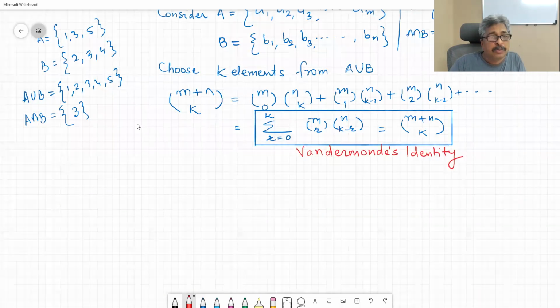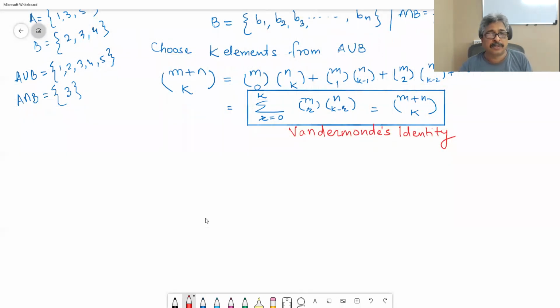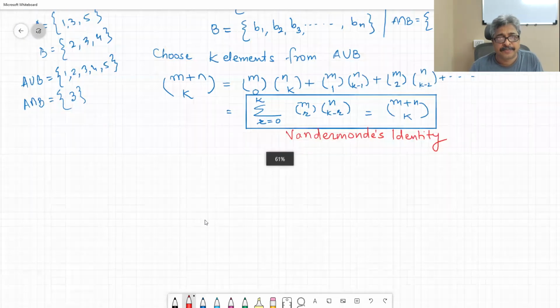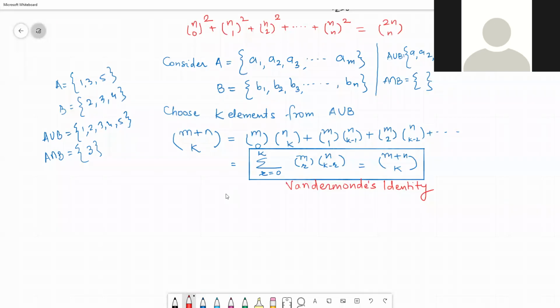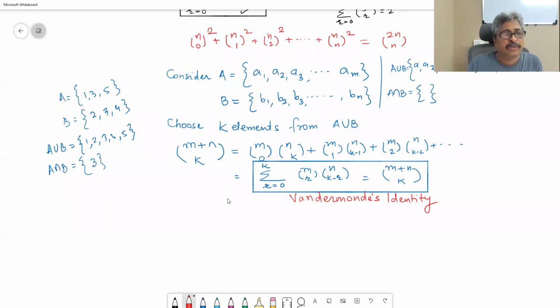He was the first to think about this, and hence this identity is known as Vandermonde's identity. So the combinatorial way, or maybe the choose notation way, of proving this identity, I have already explained it to you.